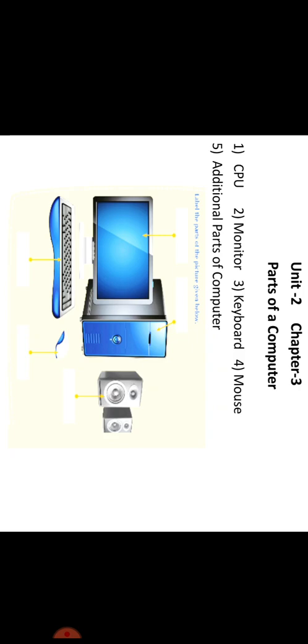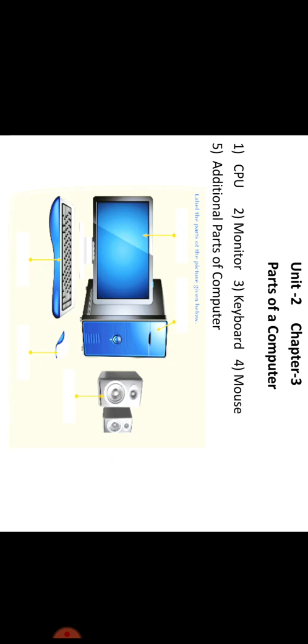And the other small box is a speaker. So all these are the computer parts. So one by one we are going to learn each and every part of a computer.